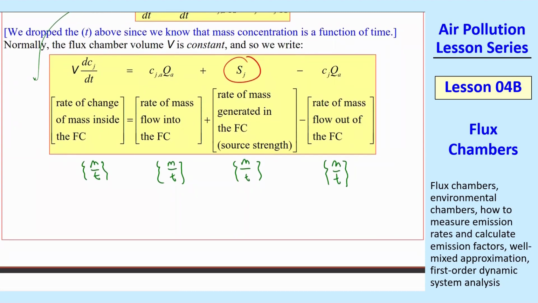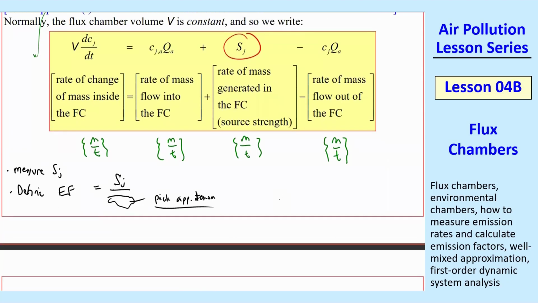So what we'll typically do is measure SJ, and then we'll define an emission factor. The emission factor is generally SJ over some appropriate denominator. And so we need to pick the most appropriate denominator here to make this EF. That's exactly what we're going to do in these kinds of problems.